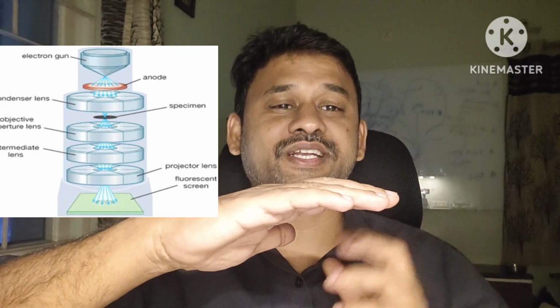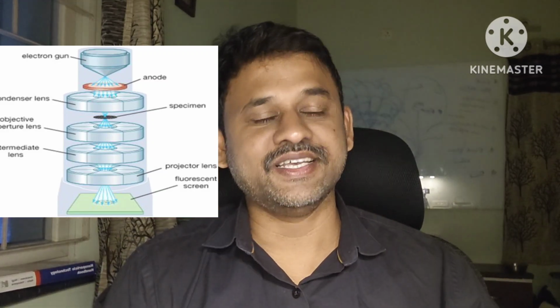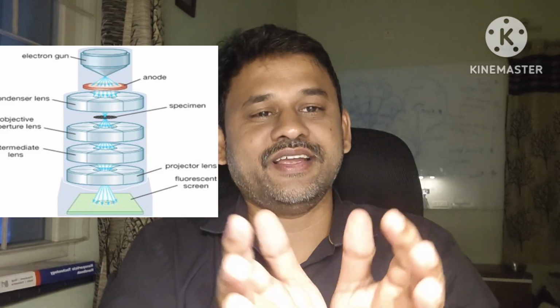So below the sample we place the objective lens and then the projector lens. The objective lens and projector lens detect the signals and project them on the fluorescent screen to get the bigger image. This is the general theory related to transmission electron microscopy.